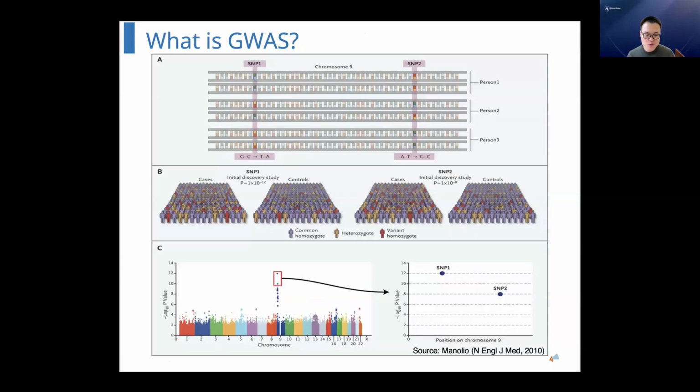So all we have to do is to recruit a large number of ideally unrelated individuals, measure their DNA and some phenotype information, and then perform statistical analysis to identify significant associations between genetic variation and the variation in human health and disease.